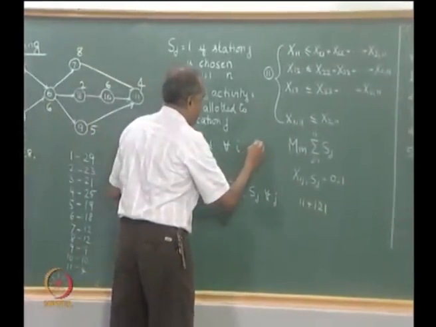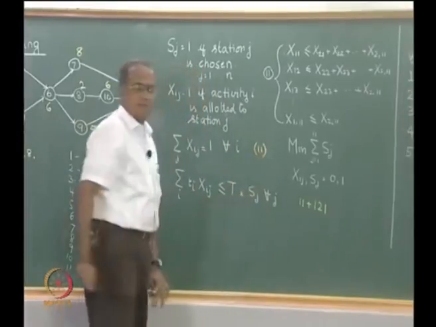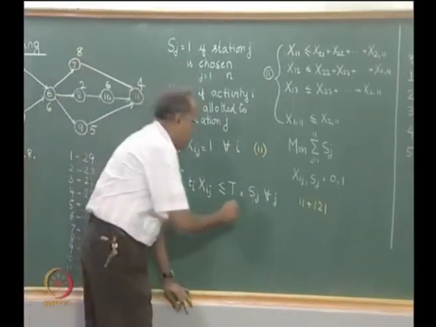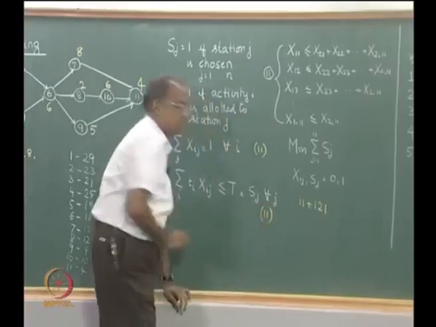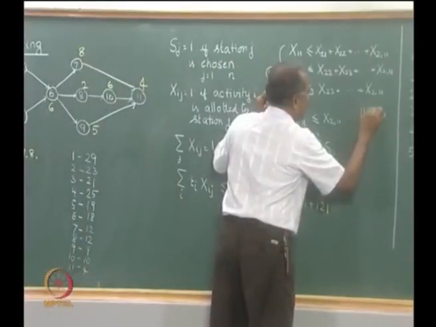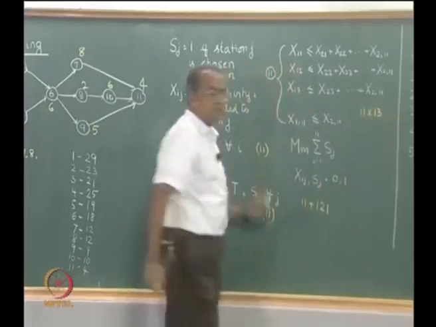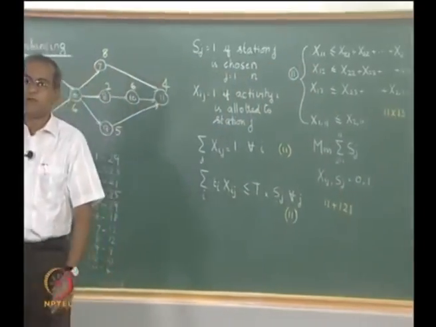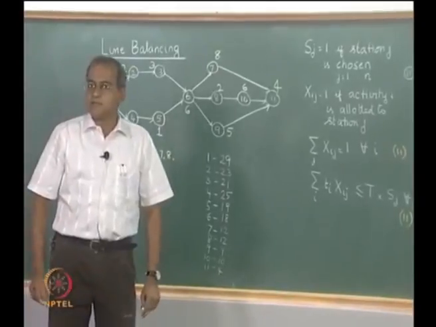This will be for every i, so this will be 11 constraints. This would also be 11 constraints, and this set will be 11 for each precedence, and there are 13 precedences, so 143 constraints.